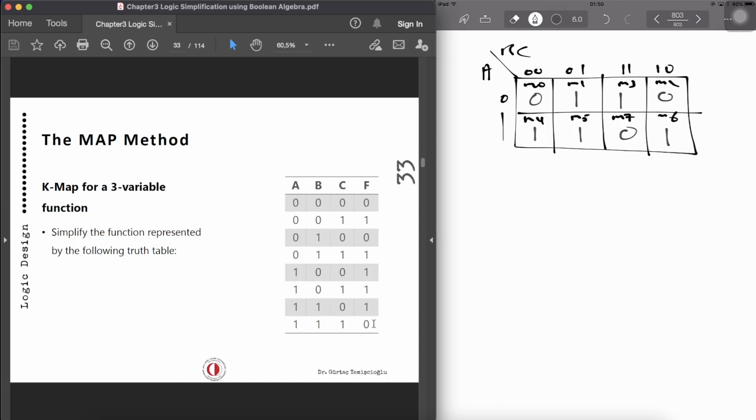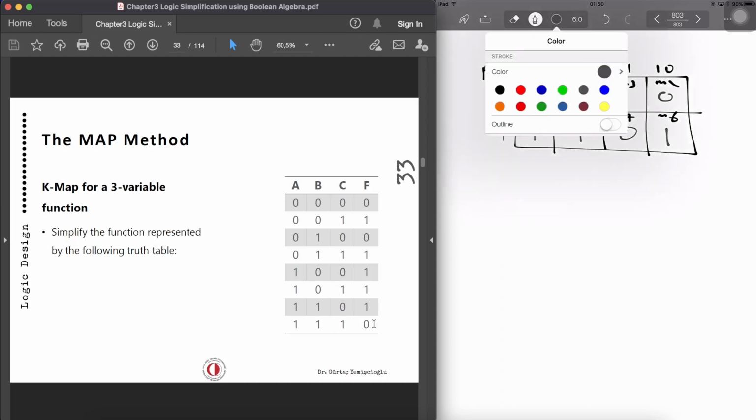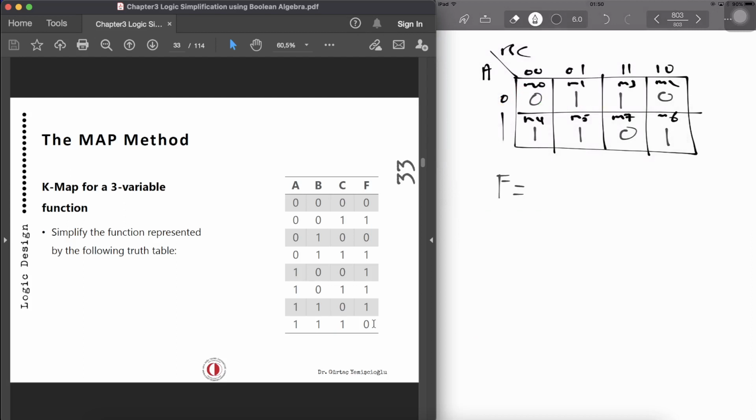We have a couple of alternatives actually over here, which I'm going to do in a different color. So let's say F. Now, the first combination that I can easily see is M1 and M3. So M1 and M3 is giving us what?